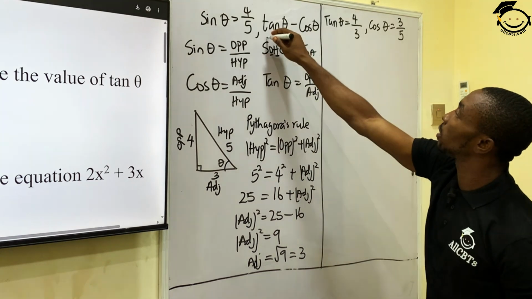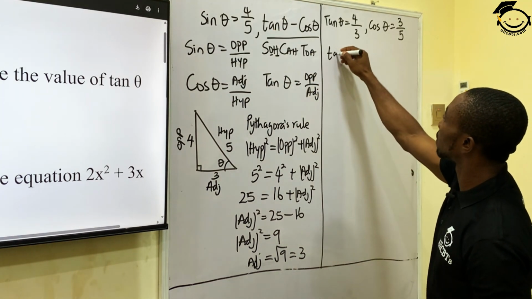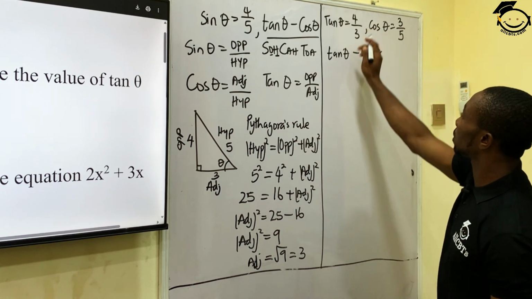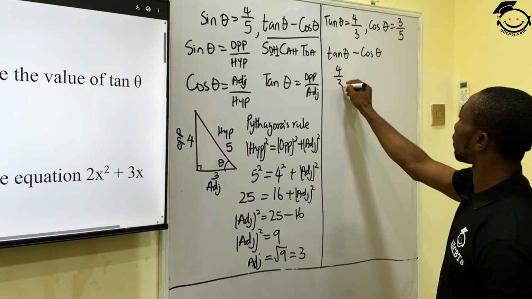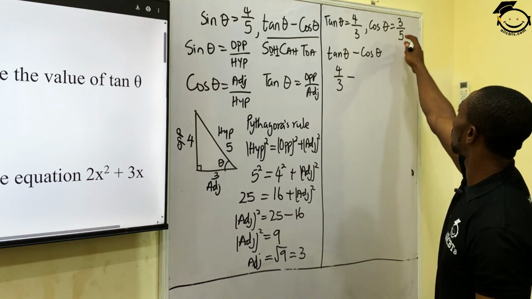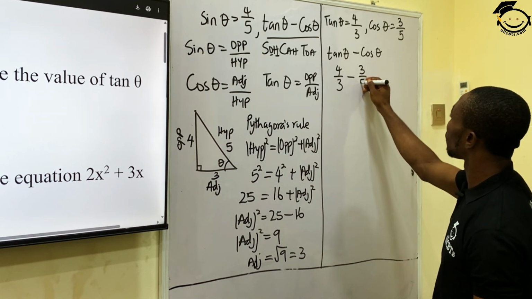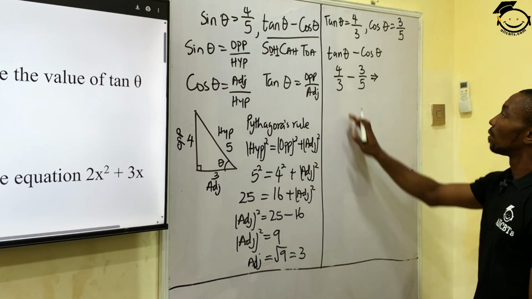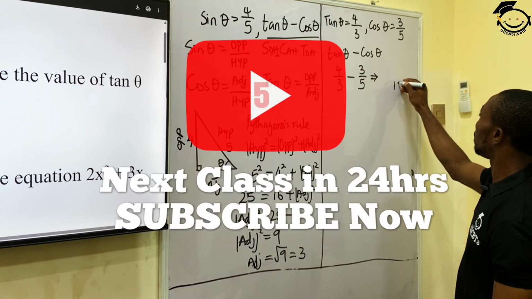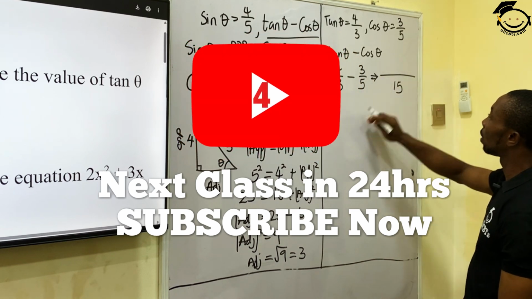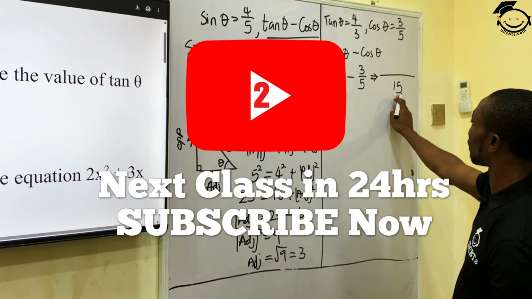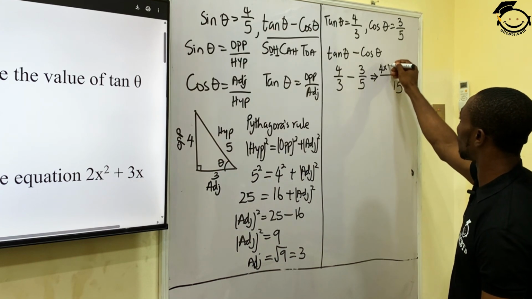Now, to our question of tan theta minus cos theta. What is tan theta? 4 over 3, minus cos theta, 3 over 5. From here, we do what? We take the LCM. For 3 and 5, our LCM will be 15. Now, 3 into 15 will give us 5. This will be 4 times 5.